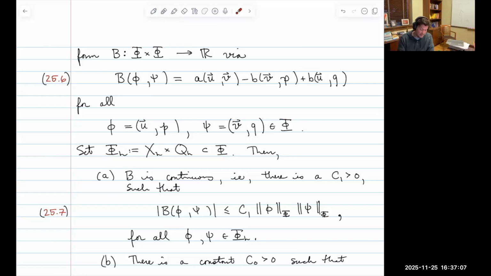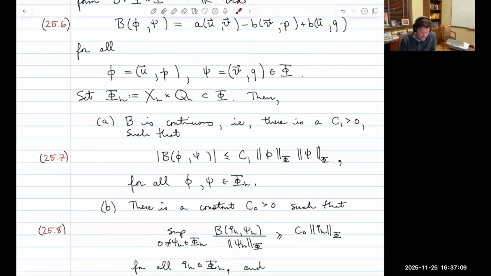Now, the first thing I want to show is that B is continuous with respect to the norm that I just created. That is, there is a constant C1 greater than 0 such that this estimate holds. And so this is a typical continuity estimate. And oops, this is a typo here.